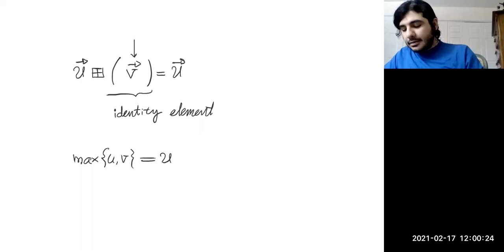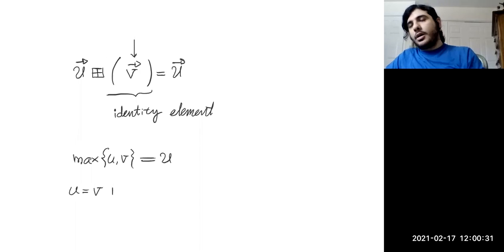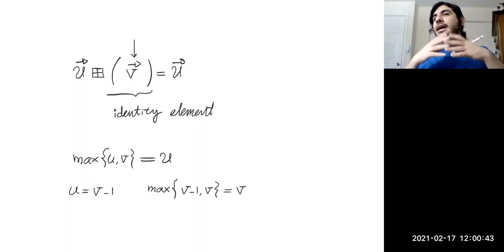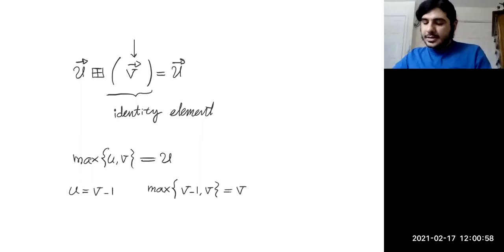But that never works because if u is just v minus 1, max of u and v is max of v minus 1 and v, which is v, and it's not u. So this operation really doesn't have the identity element. There is always something smaller than v. And so also your comment is correct.